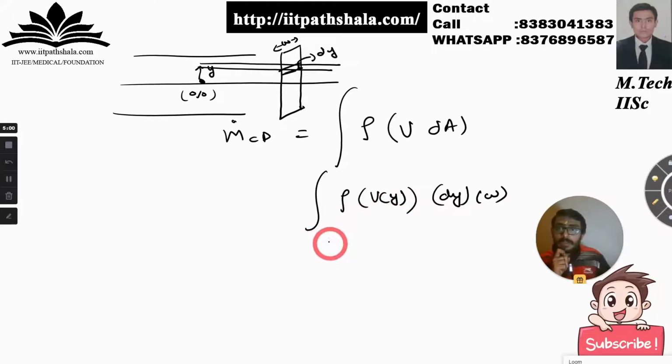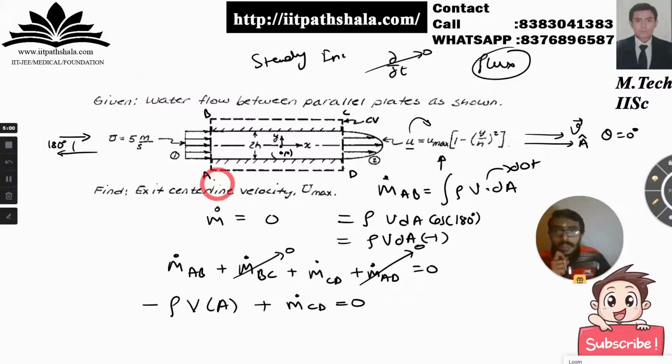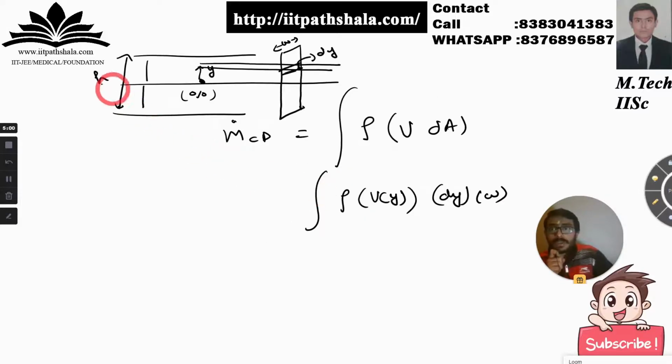Now regarding the limit, as you can see, I'm taking from the center line. Because the height is given to me as h, I'm varying from minus h by 2 to plus h by 2 over here. I think the height is given to us as 2h. So height is 2h, and I'm varying from minus h to plus h, because I'm varying from plus y to minus y over here.